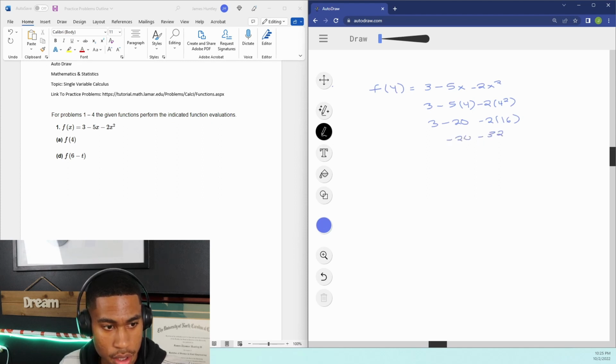And this equals f of 4. Okay. So I can't do that math in my head, so I'll just use a calculator. 3 minus 20 minus 32, and I get f of 4 in this case is equal to negative 49.